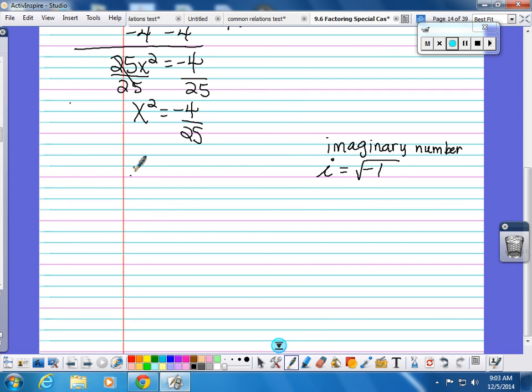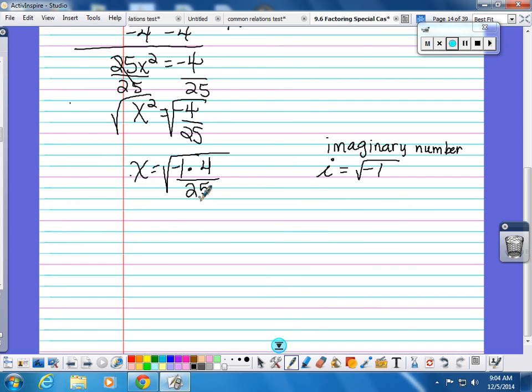So, by the way, how do you get rid of a square? What's the opposite of squaring? Square rooting. Okay? So if I take the square root of x squared, what do I get? X. Yeah, they undo each other. Alright, here's the deal. Inside here, I've got a -1, a 4, and a 25. Can I break it up like that? Can y'all live with that? -1 times 4 is -4, right? Mm-hmm. Okay.